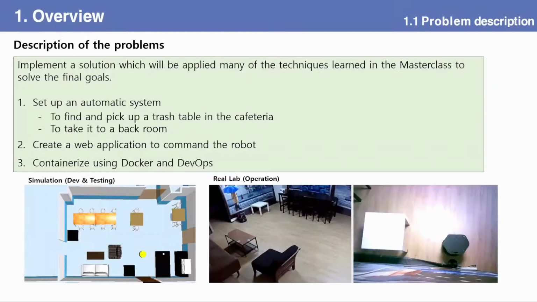The description of the problem: my problem is to set up an automatic system to find and pick up a trash table in the cafeteria and take it to the back room, create a web application to command the robot, and containerize using Docker and a little DevOps procedure.